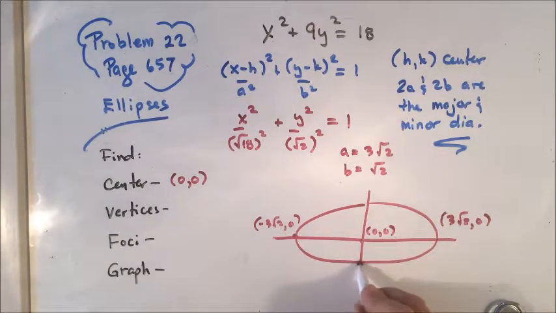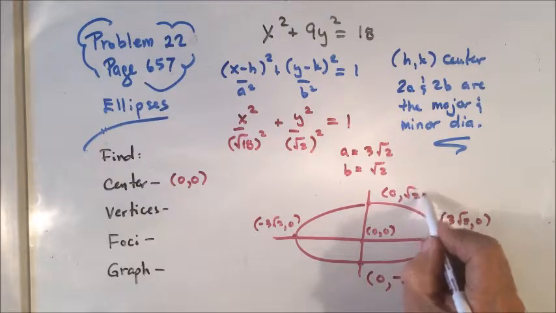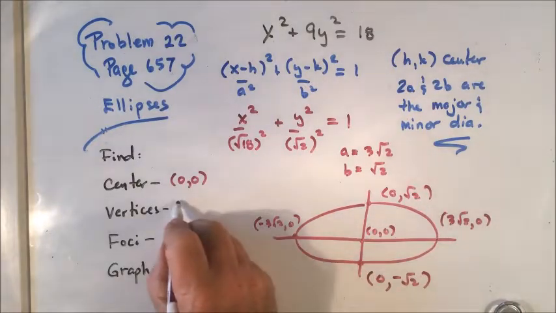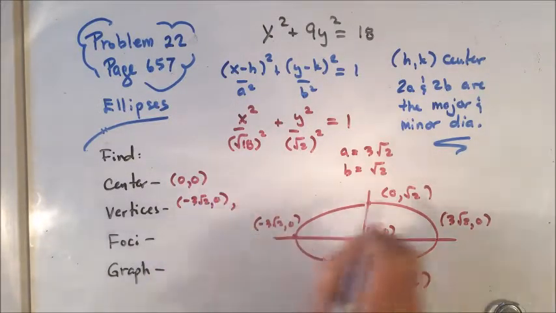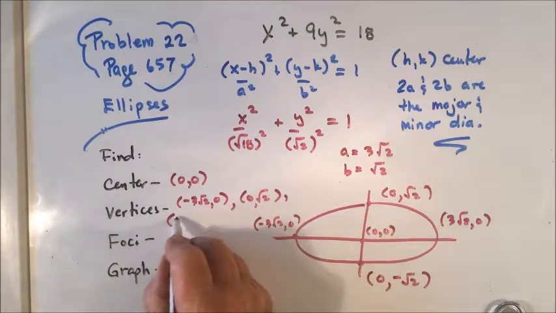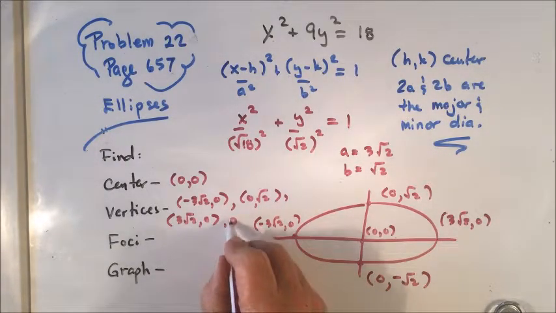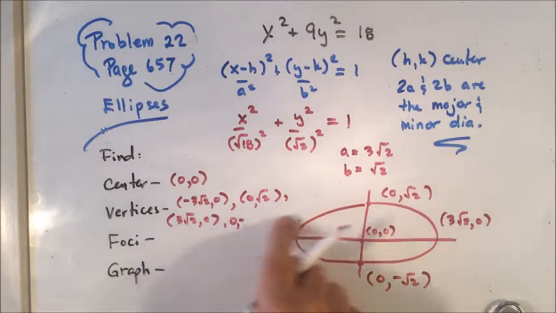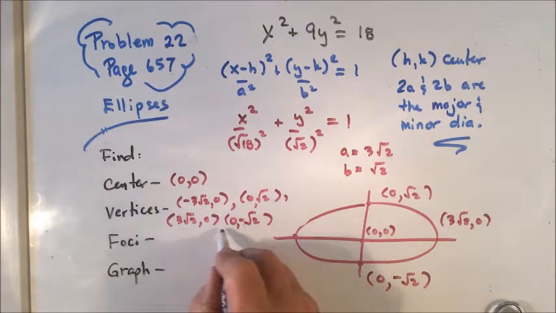This one has the same x coordinate, 0, but it's been moved down root 2. This one has been moved up root 2. I can capture that right here. I'm going to say the vertices then are (minus 3 root 2, 0), (0, root 2), (3 root 2, 0), and (0, minus root 2).